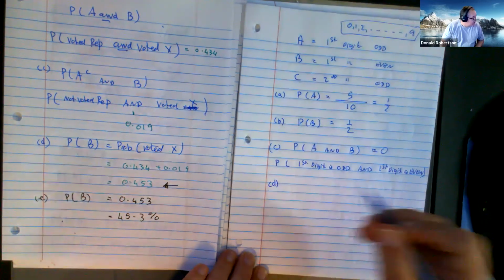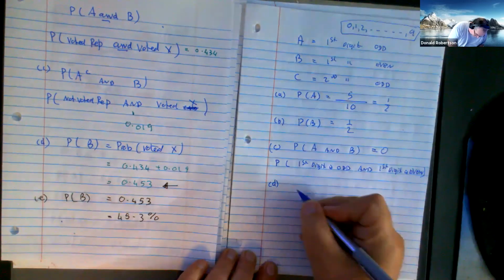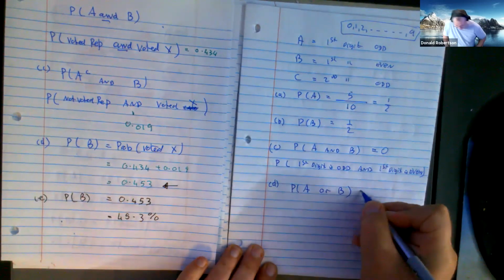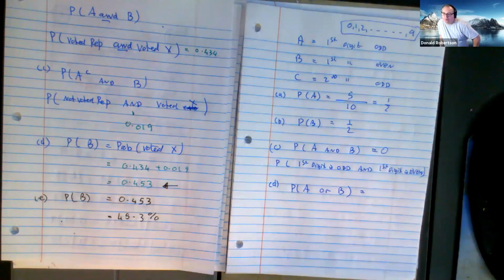Question D. What's the probability of A or B? So what's the probability that the first digit is odd or it's even? That's a kind of interesting answer. I don't think it's a trick question, but it's a very easy number.